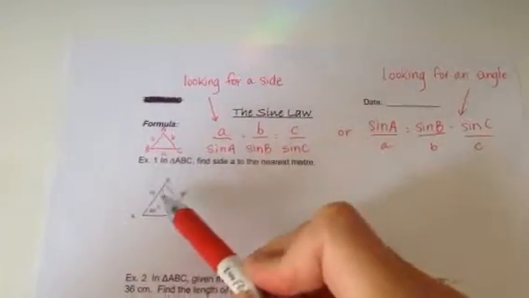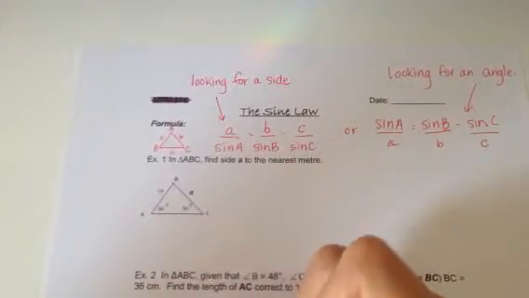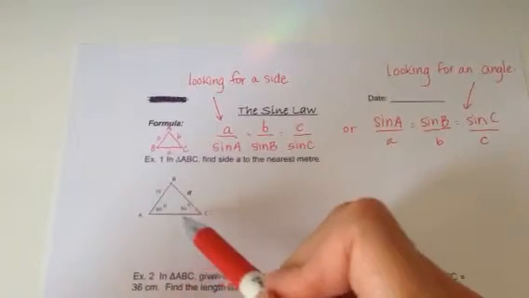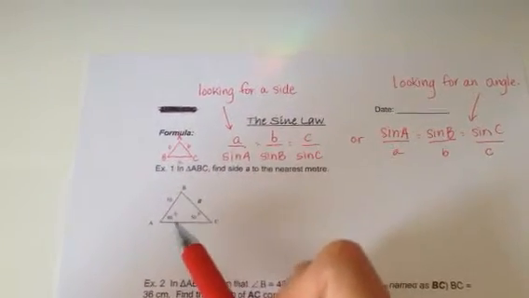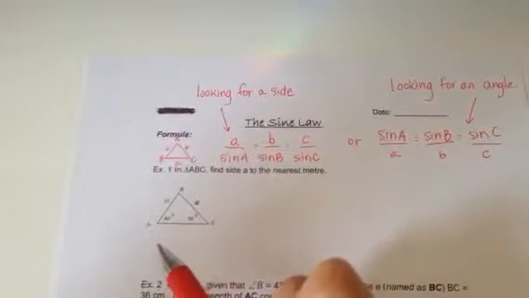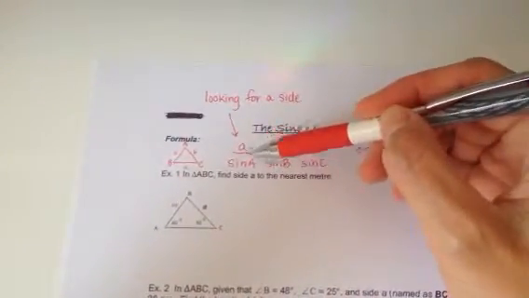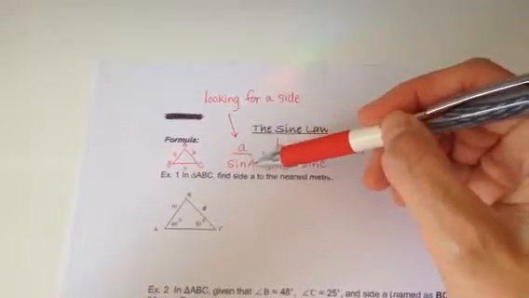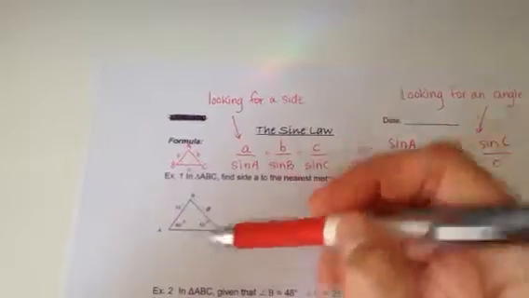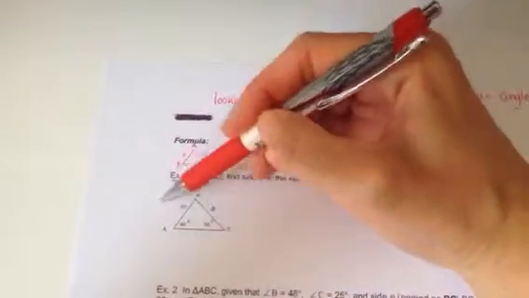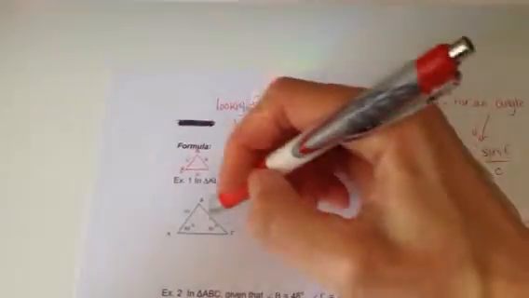So in triangle ABC, we want to find side A to the nearest meter. So this is not a right angle triangle. And what you need to do the sine law is one complete ratio. So you need one of these ratios and have both the number on the top and the bottom. The easiest way to do that is to circle the opposites here, and if you have both values, then you have a complete ratio.